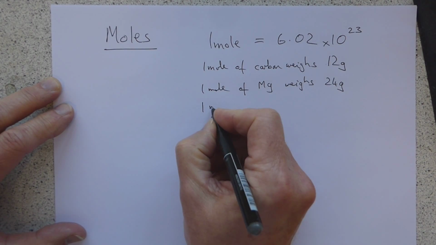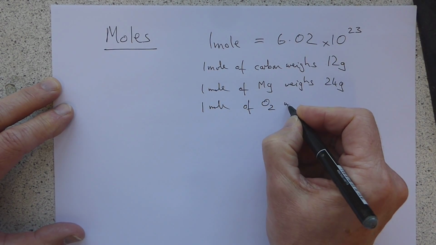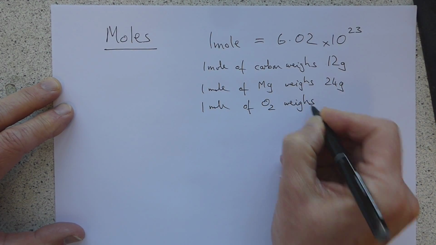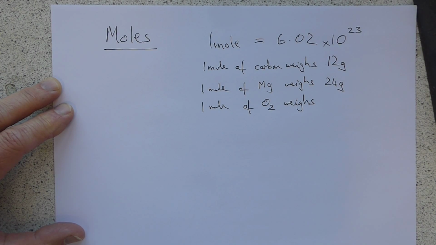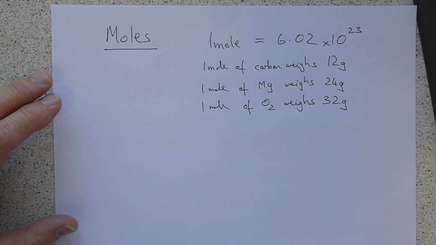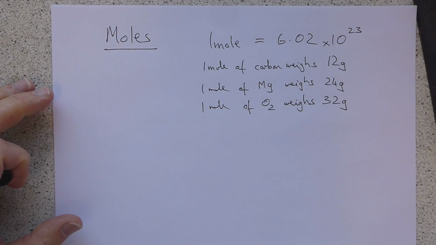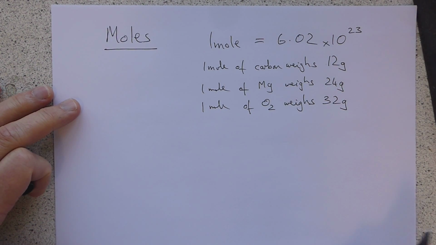Now, 1 mole of O2, oxygen, of course, going around in pairs, because oxygen's relative atomic mass is 16, 1 mole of O2 is 32 grams. So 1 mole of anything basically weighs whatever its relative formula mass is in grams. And that's useful. Now, supposing we haven't got 1 mole, supposing we've got 5 moles.